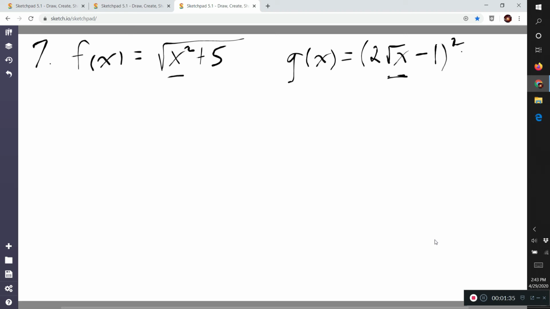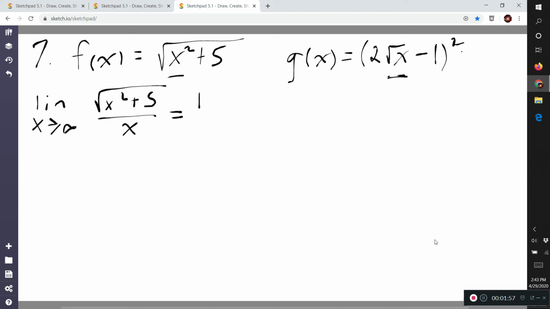Limit as x goes to infinity of square root of x squared plus 5 over x. And this is a trick you're going to need to know. I am not going to use L'Hopital's rule because doing the derivative at the top is going to get real messy when it starts to involve chain rules.